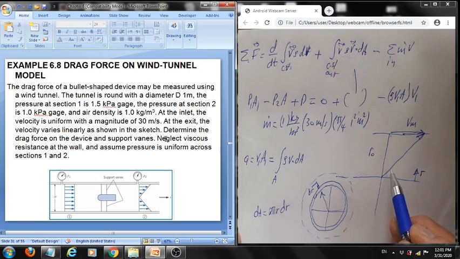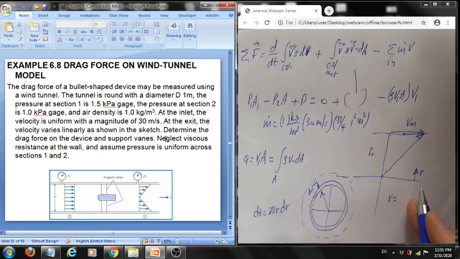Now we go back to the velocity. Velocity here is given as linear, as a hypothetical case. If it's linear in r, it will be given by this linear equation, v equals a r plus b, where a and b are constants. Now we substitute: for r equals 0, velocity equals 0, which implies that b is 0.